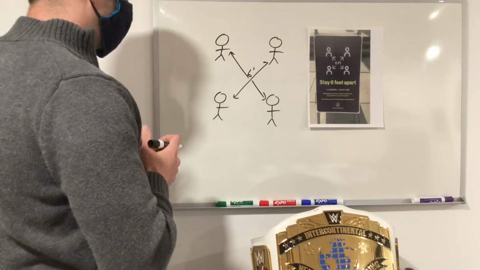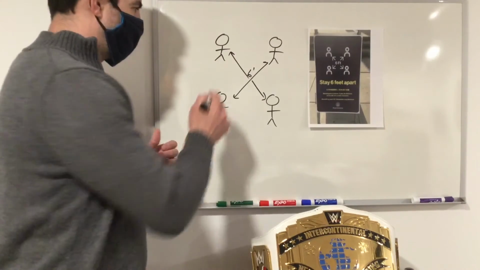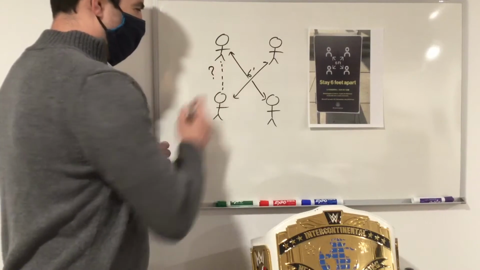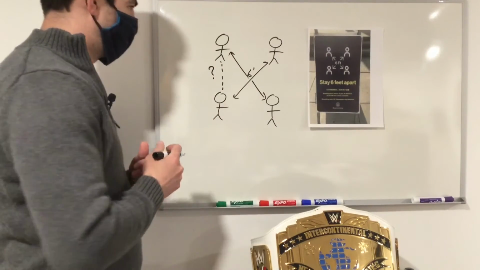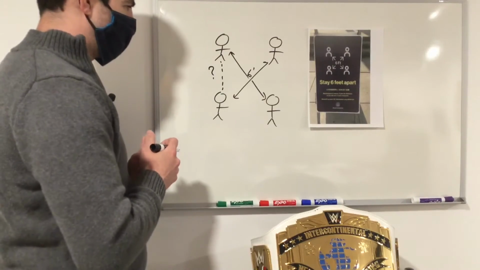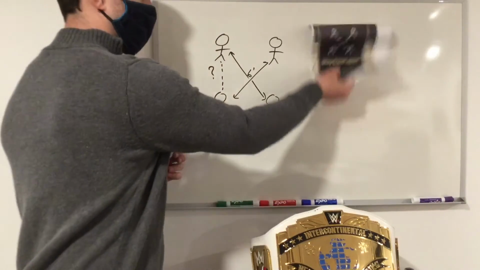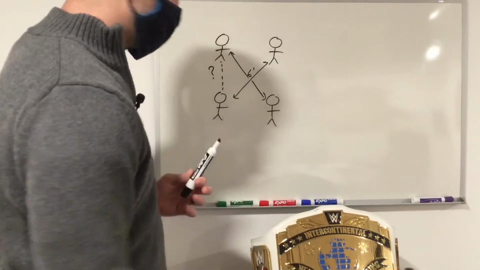Well, if I'm talking about squares here, these guys aren't 6 feet apart. So if they're not wearing masks, they're going to get the coronavirus. Looking at this sign here, might as well throw it out because it's false advertising.